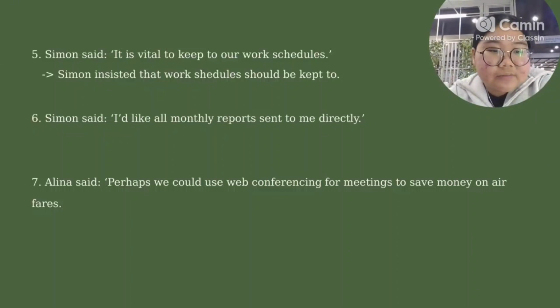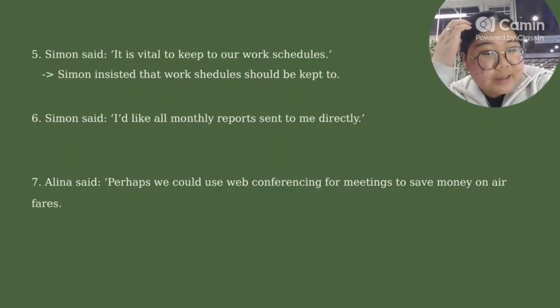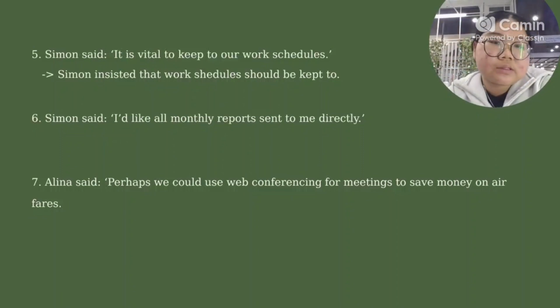The phrase "it's vital" shows something very important and necessary, so the verb "insisted" is used because it expresses strong importance and emphasis on keeping the schedules.